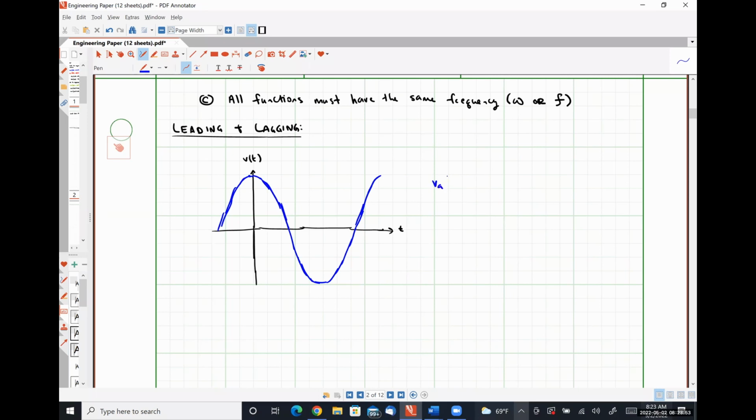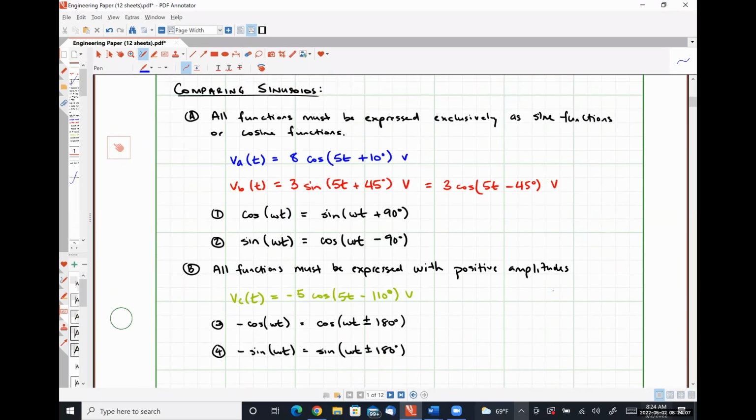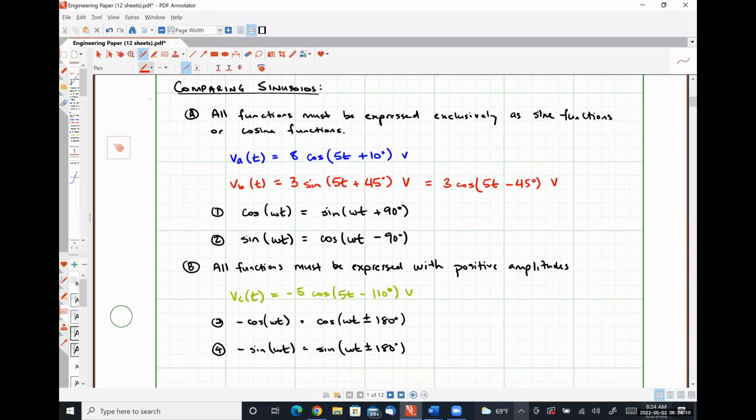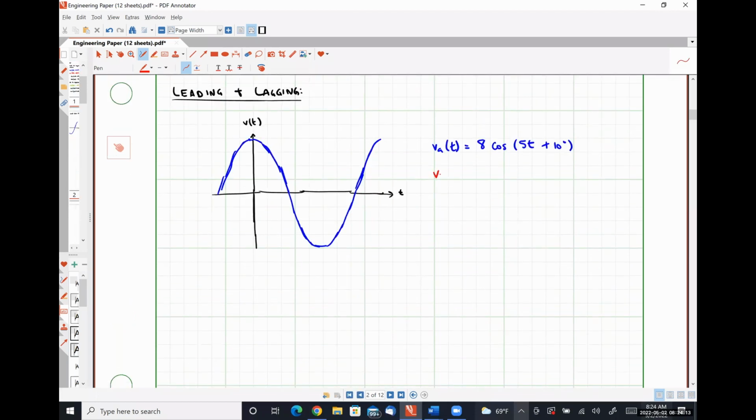So our blue curve is supposed to represent VA of t, 8 cosine 5t plus 10 degrees. Then I think we did red, so 3 angle negative 45. A 45-degree phase shift would mean that we've shifted to the right by some amount.